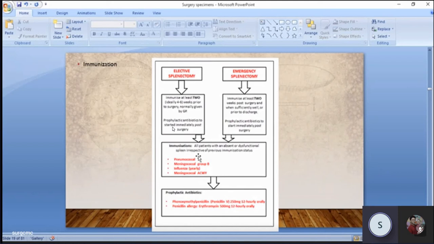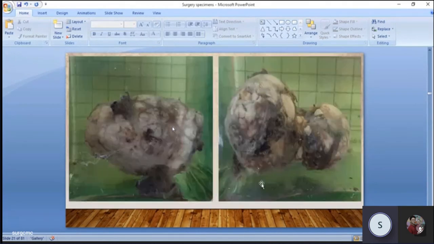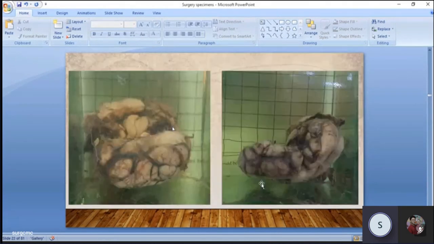You have to give pneumococcal vaccine, meningococcal vaccine, and influenza vaccine. Usually we give 3 groups of vaccines: pneumococcal, meningococcal, and influenza. And we should keep the patient on prophylactic antibiotics. Okay. So second one, now try to identify this specimen.